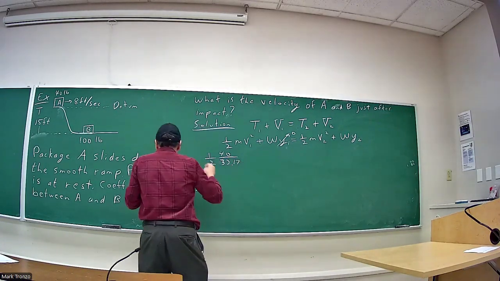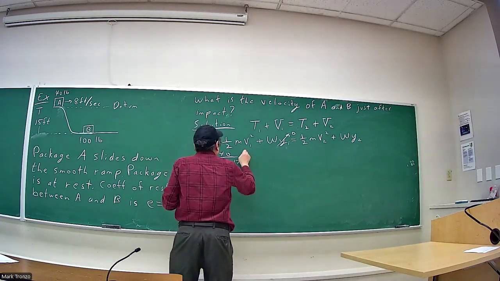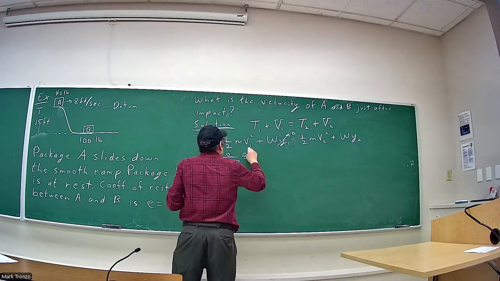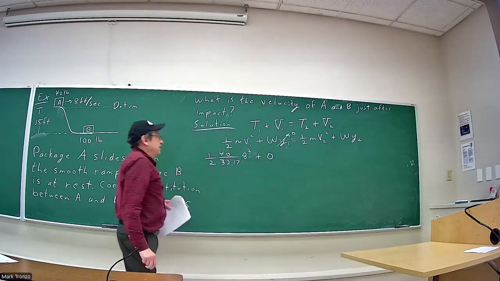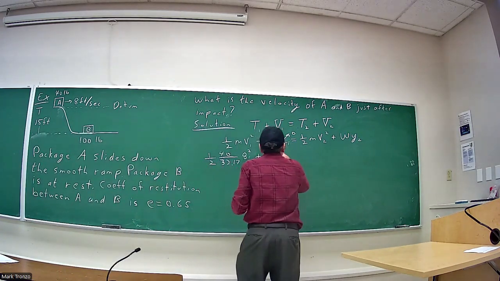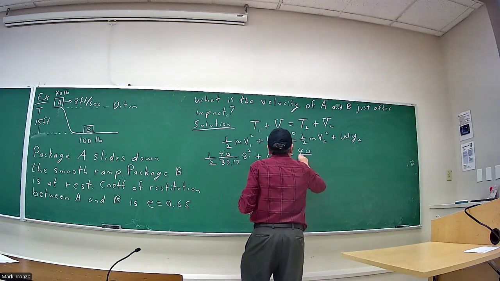And its velocity is starting out at 8 feet per second. I should have put some units on here. Plus 0. And on the right-hand side, we're going to have 1/2. The mass is still the same.